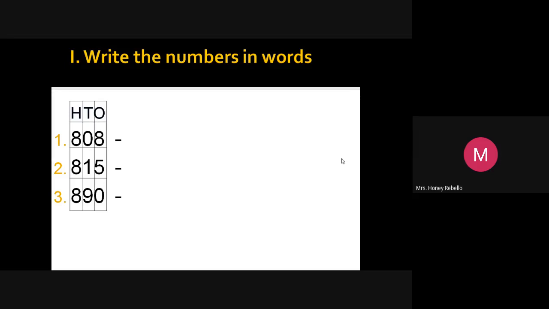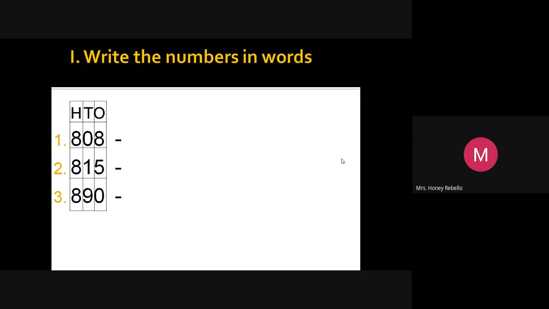In your margin, write number 1. Today we are going to write one by one. Under H, write 8. H is for hundreds, T is for tens.